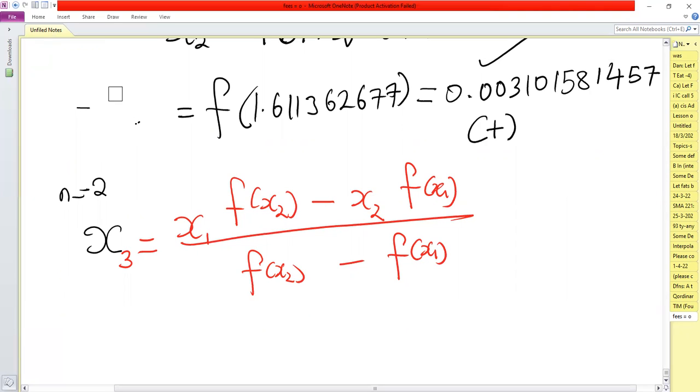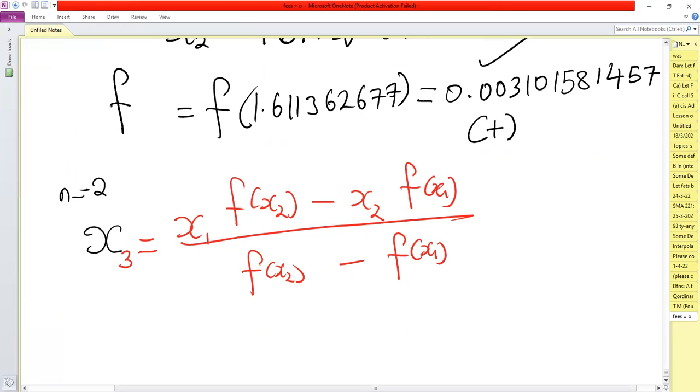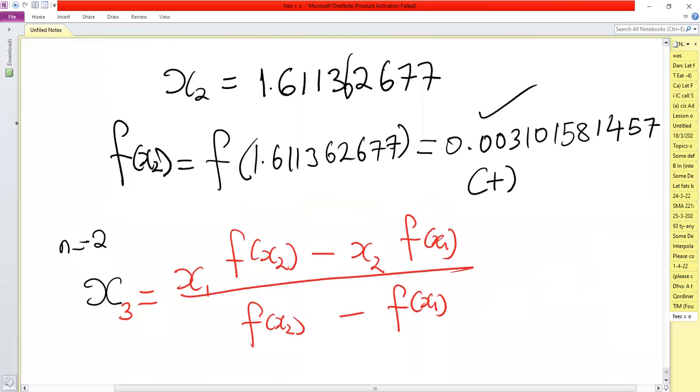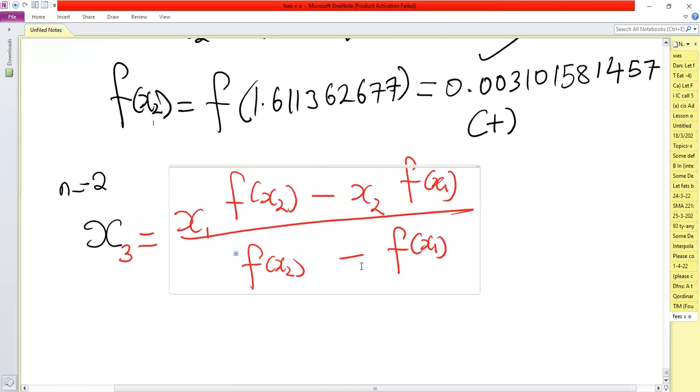Just to make things clear, once you have the initial approximations x0 and x1, the rest of the iterations do not have different interpretations of the positive and negative signs of the function, because we are just going to be increasing the values of n and using the previous two approximations to get the new approximation.